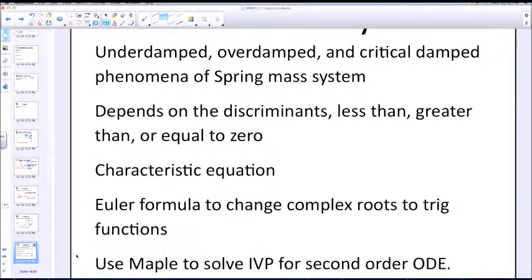Well, let me summarize what's important. So we start from a physical science phenomenon.